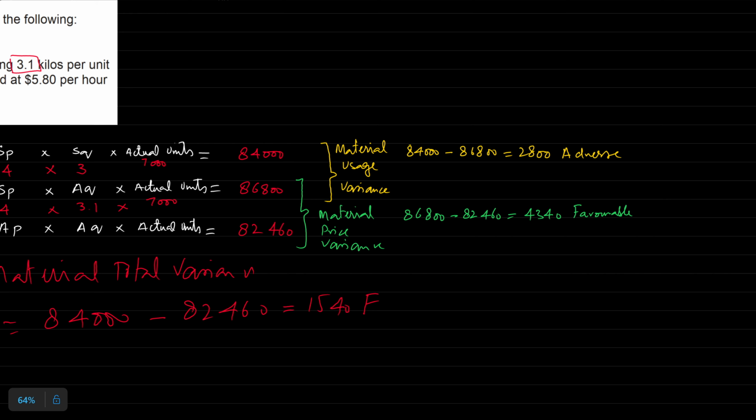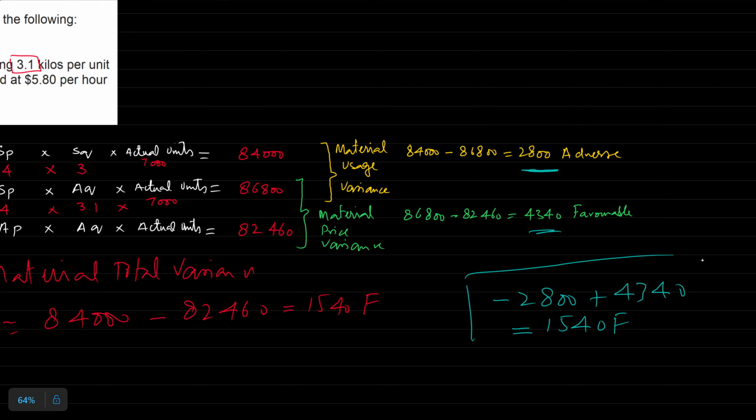It can also be calculated by these two variances. One is adverse and the other is favorable, so the total material variance will be 1,540 favorable.